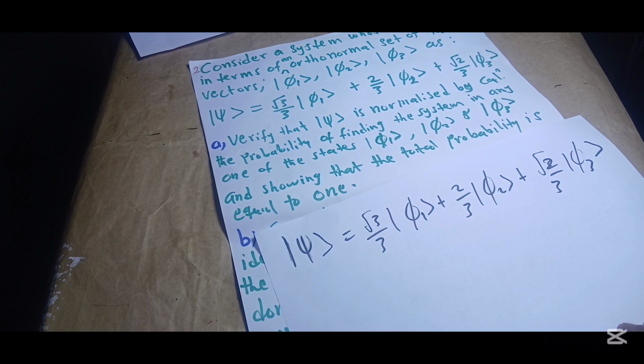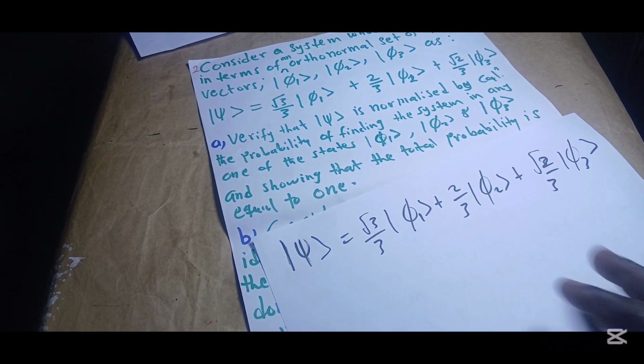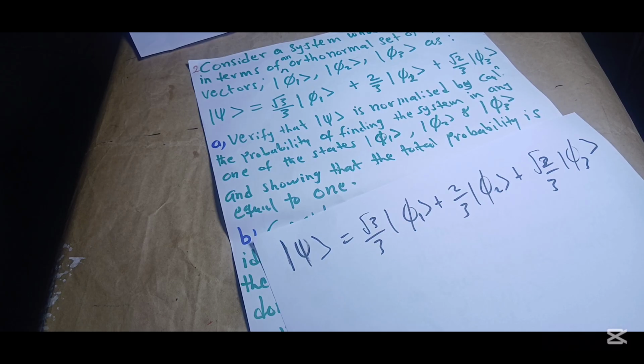Because that is what part A of the question is asking us to do. So we are going to verify whether this state is normalized or not. In this case, we are not asked to normalize this state. We've been asked to verify whether it is normalized.